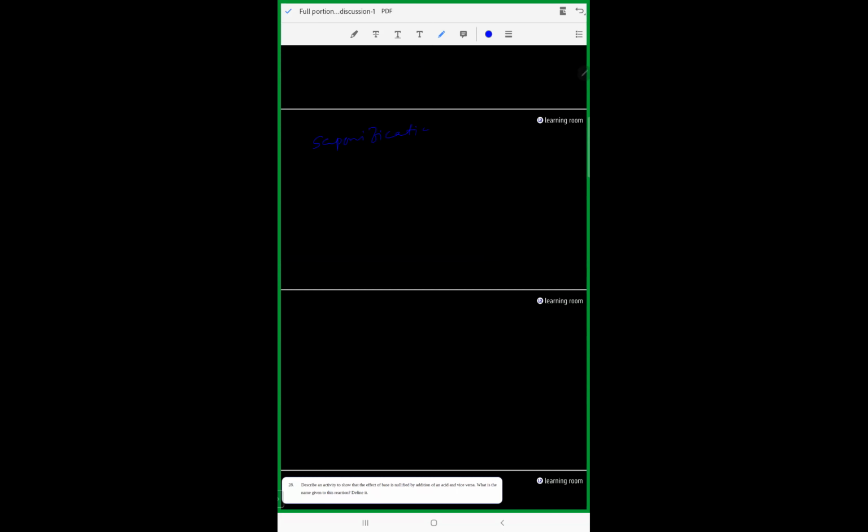So any ester, RCOOR', is treated with sodium hydroxide. Either it can be cleaved here or here. If you are using sodium hydroxide, it cleaves RCO-OR' here, and here you have sodium, and here you have OH minus. So it will give sodium salt of the acid and R'OH. So this is known as saponification.